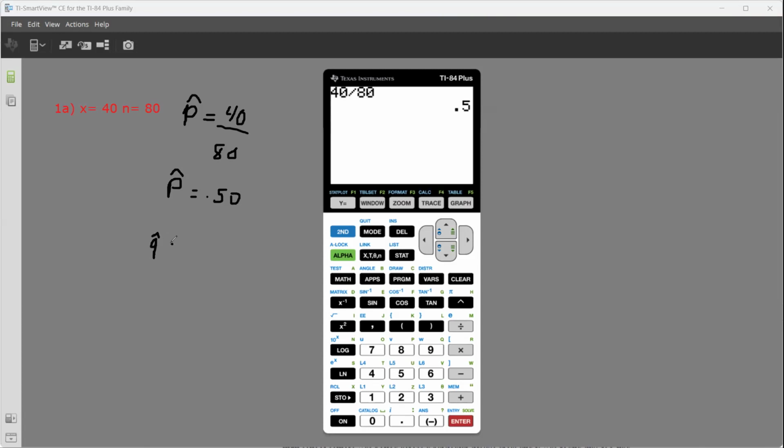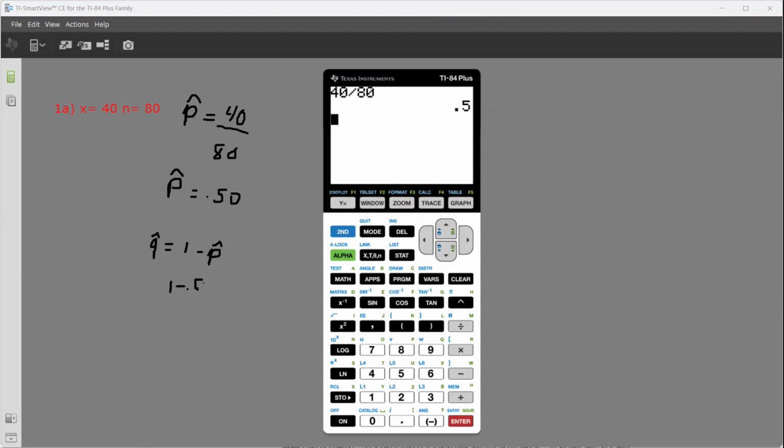And q hat is equal to 1 minus p hat. And so you're going to take 1 minus 0.5, which of course is 0.5.